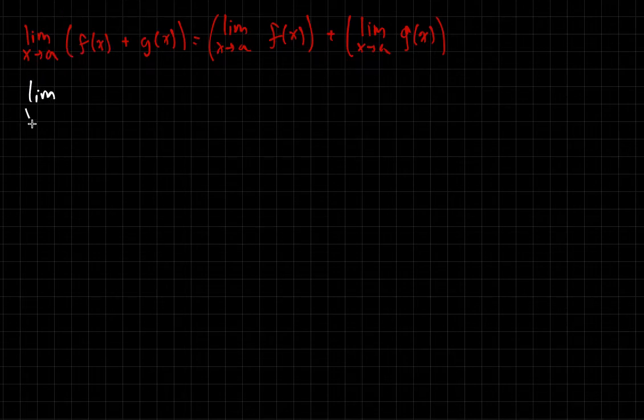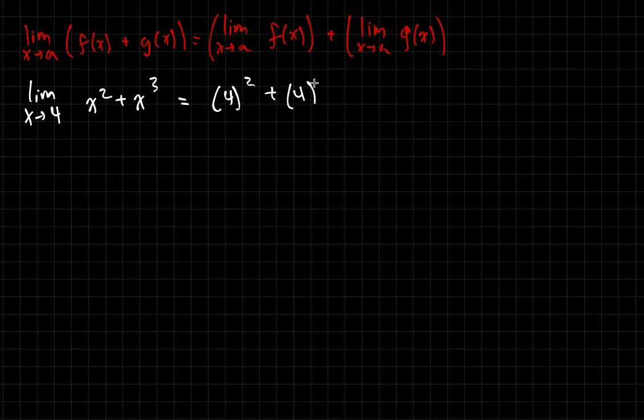So let's say the limit as x approaches 4 of x squared plus x cubed. And without using the property, to calculate this, we just input 4 into this general function, which is x squared plus x cubed. So that would just be 4 squared plus 4 cubed, which would be 16 plus 64, which would be 80.